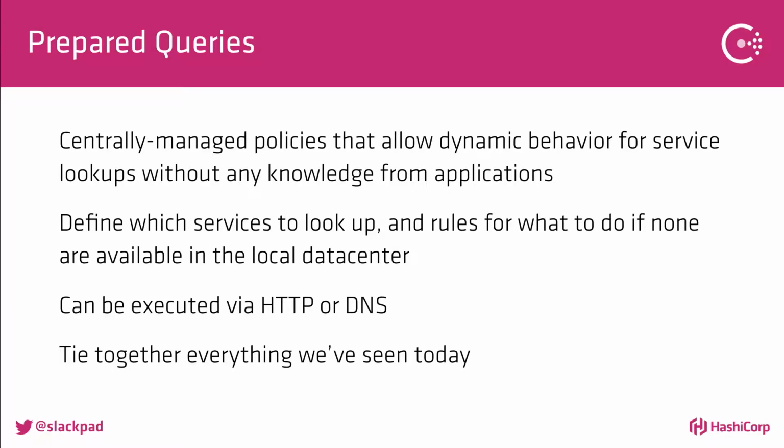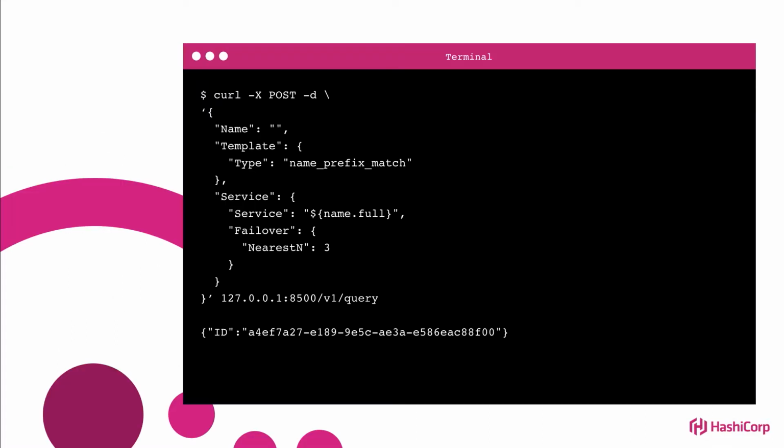You can access these through the REST APIs or through DNS, and this will unify everything we've seen so far. So here's how we make a prepared query. In this case, it's a template. I won't talk about the details of this, but it's basically going to match anything, let's say in DNS, it'll match any name.query.consul, and it'll plug the name you gave in as the service name.